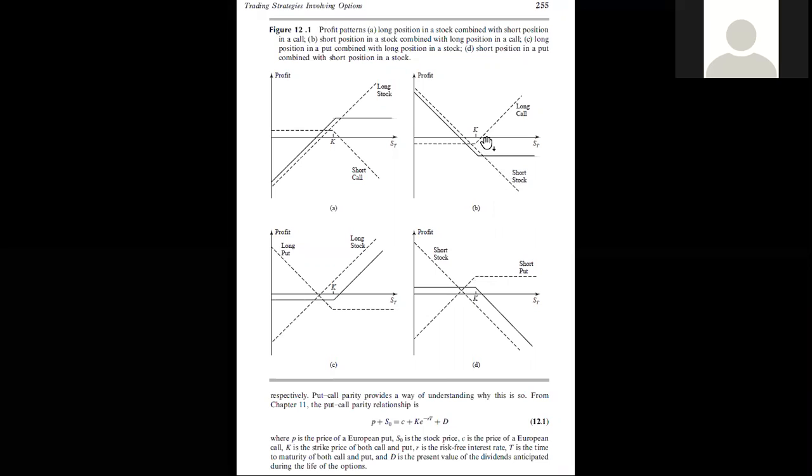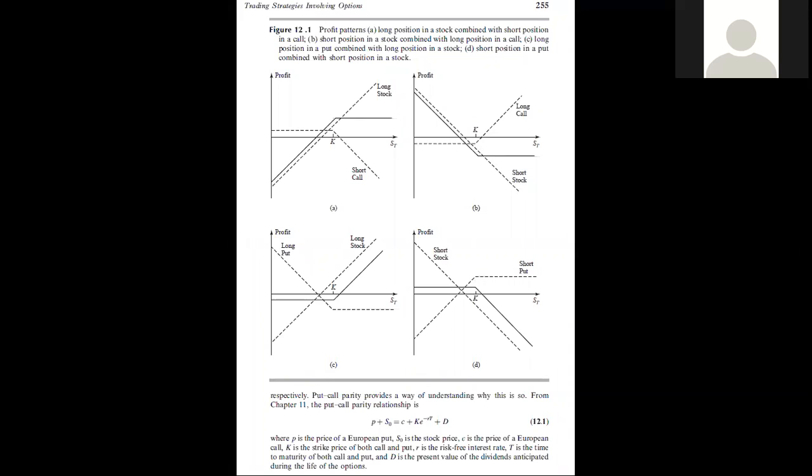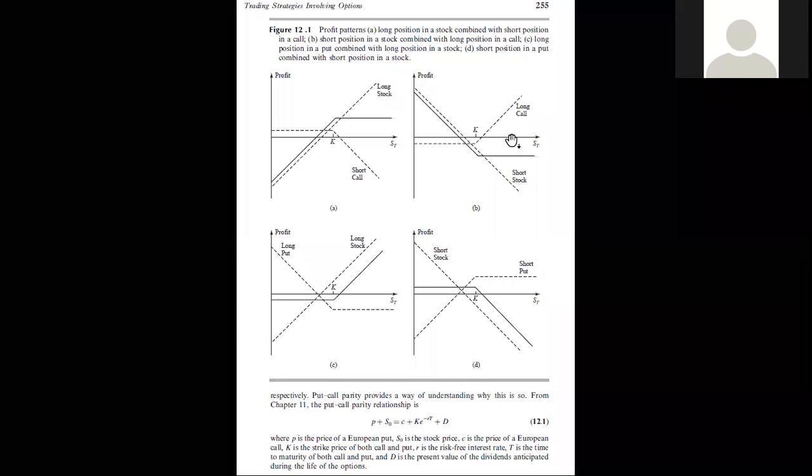Always, in option value position questions, think in terms of intrinsic value and time value. So you are short a call at K. As the market price rises above K, what is happening to the intrinsic value of your call?